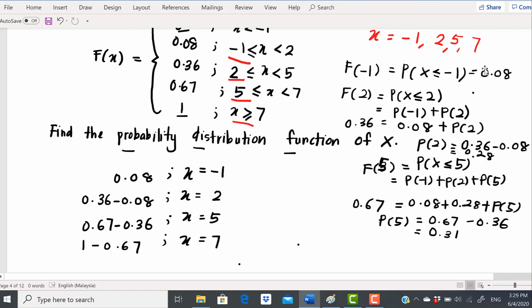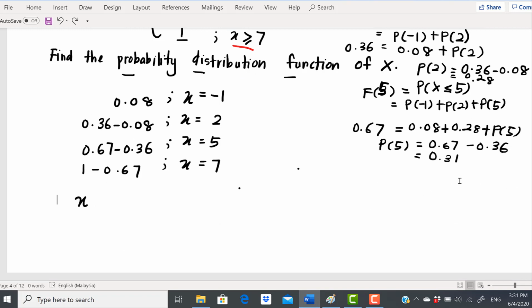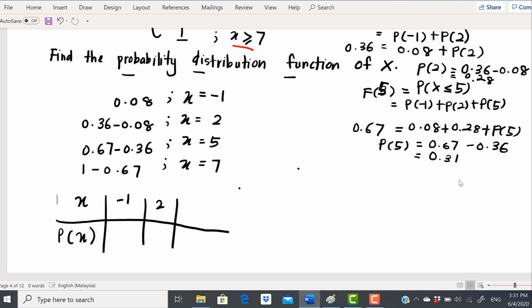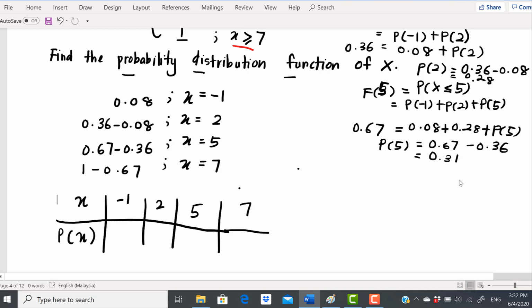So we can simplify that. Let's say we have the x value and we have the probability of x. So we have x equal to -1, 2, 5, and 7.